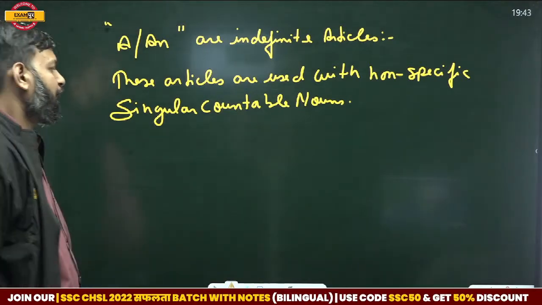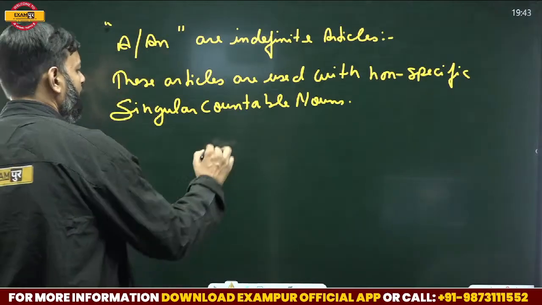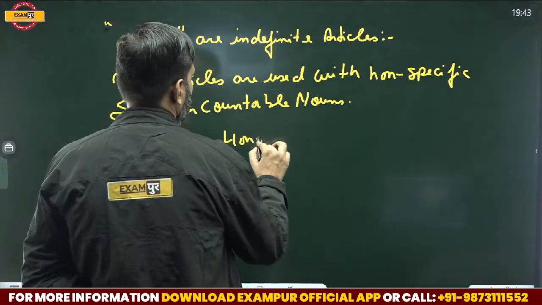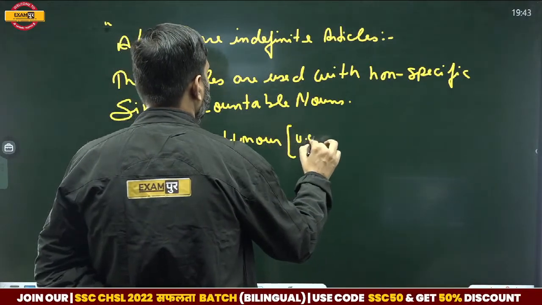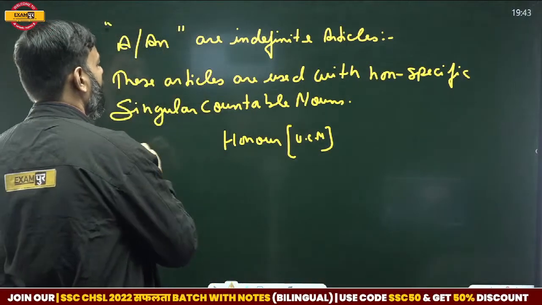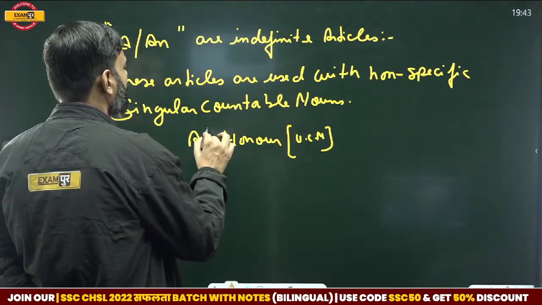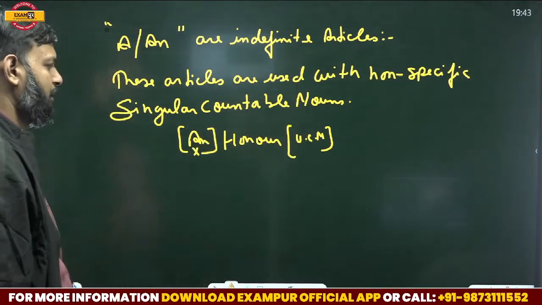For example, if we are talking about honor, honor is an uncountable noun, and with an uncountable noun we do not use A or An. So here the use of an is wrong.